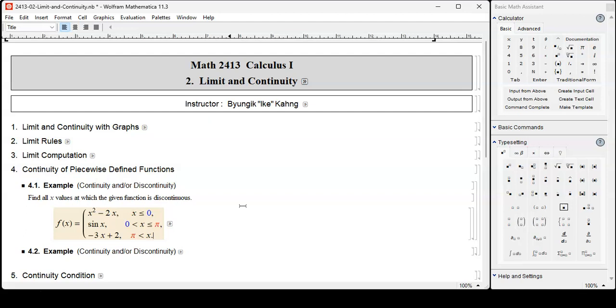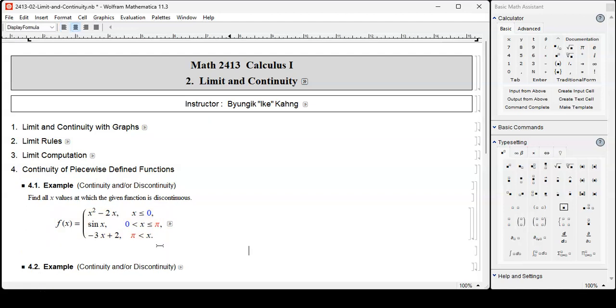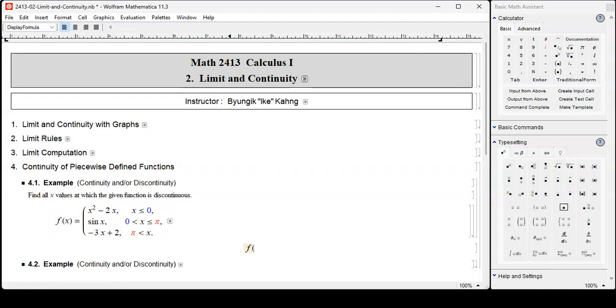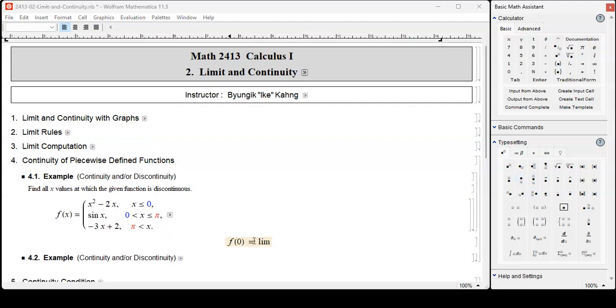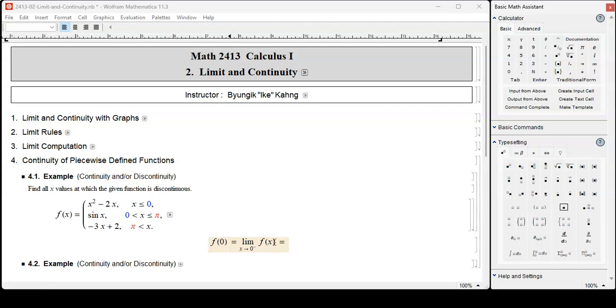So how do we check? Well, we have to check these: f of 0 and the limit as x approaches 0, the left-hand side limit, and then the right-hand side limit.